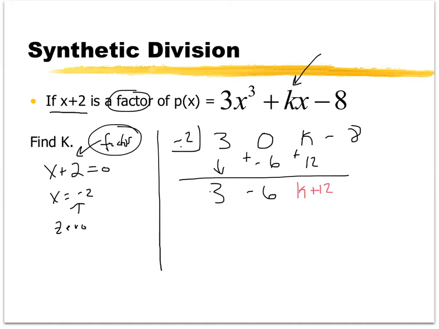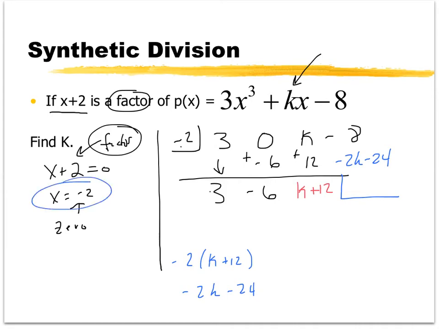So then, as my side work, if I take negative 2 and multiply it by k plus 12, I get negative 2k minus 24. Okay? If this is a factor, that means the remainder is 0.